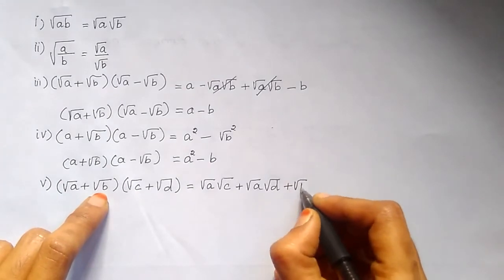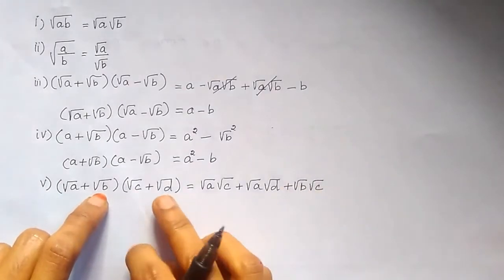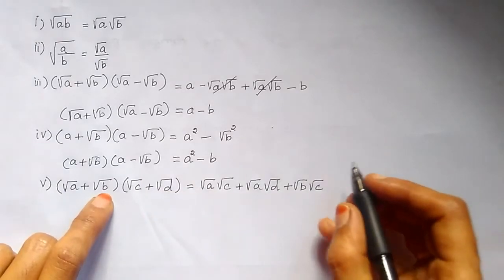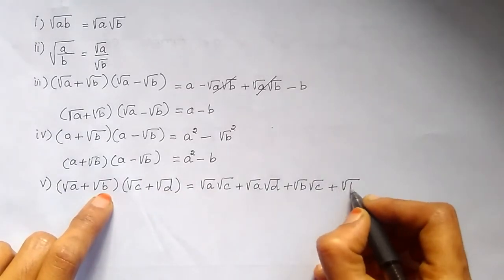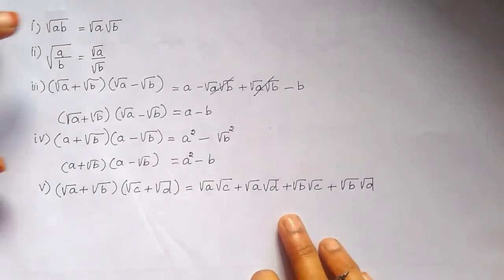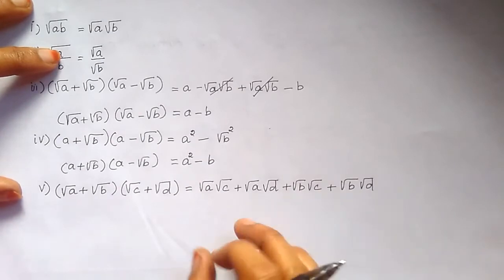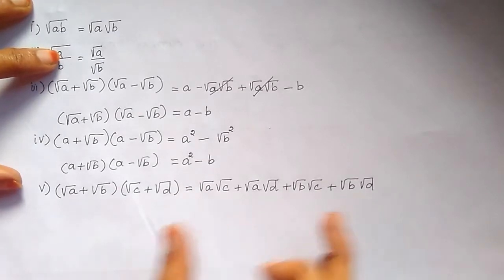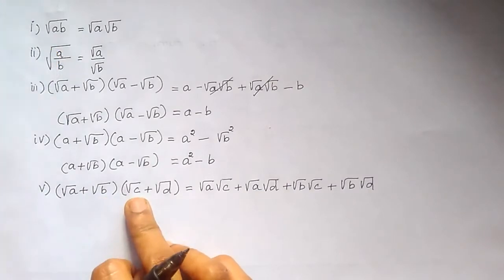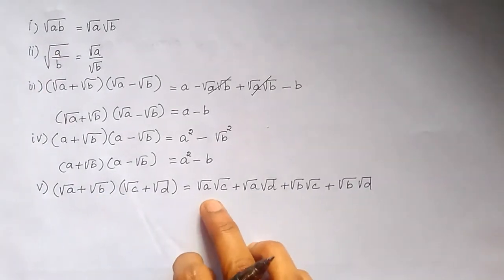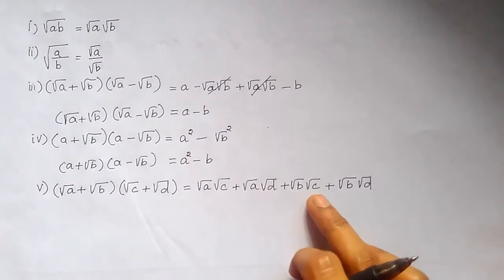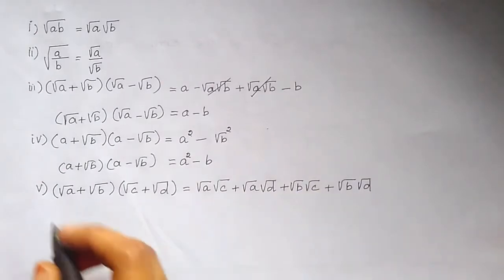Last one, root b into root d. Here we can't simplify this step, so this is the answer. Fifth identity is root a plus root b into root c plus root d is equal to root a root c plus root a root d plus root b root c plus root b root d.